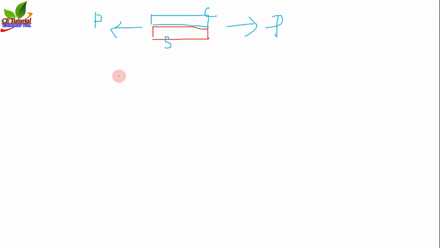Now we can say that stress equals load by area. So stress of concrete is equal to load by area of concrete, and stress of steel equals load by area of steel.